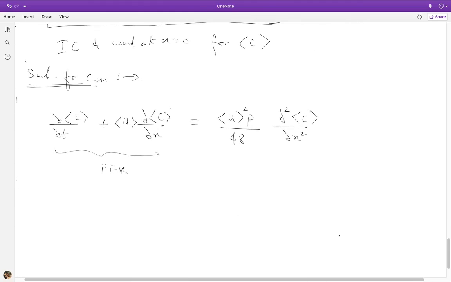And this is really where the beauty of the whole averaging procedure comes out. So you see now that if the small p vanishes to 0 in the case of perfect radial mixing, you get the plug flow reactor, which is why we always say that a plug flow reactor model is the limit of perfect radial mixing, or alternatively the case where U actually is independent of R. That we had already seen earlier, that you will get the plug flow model.